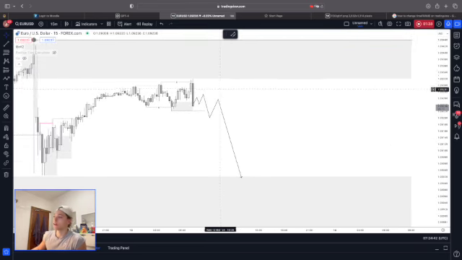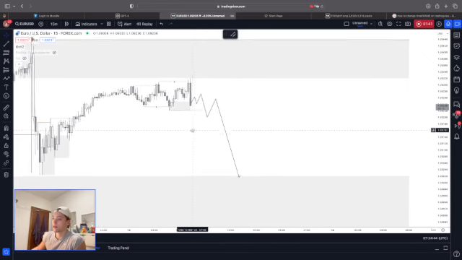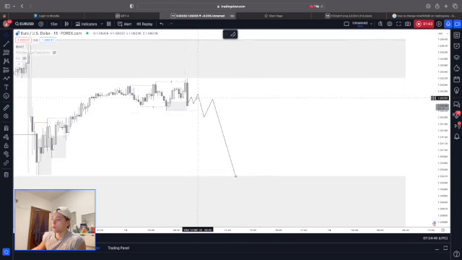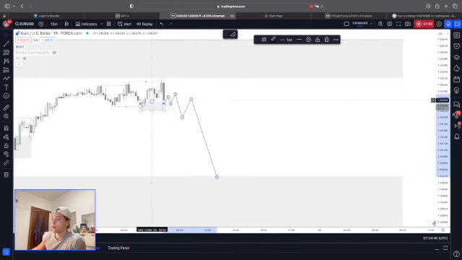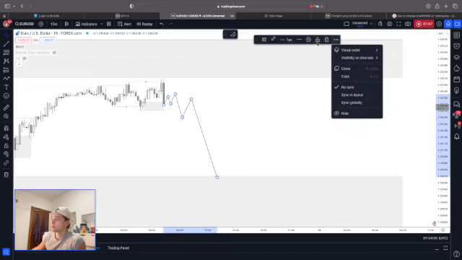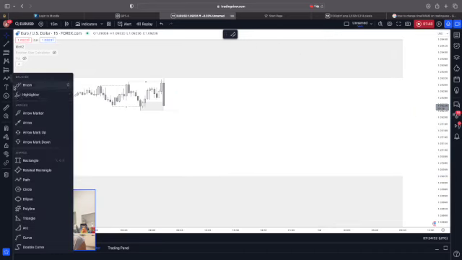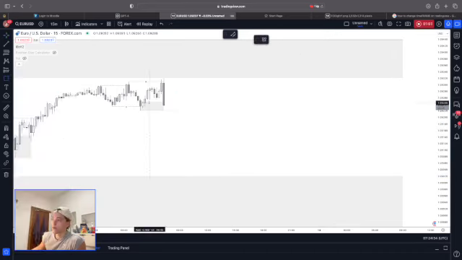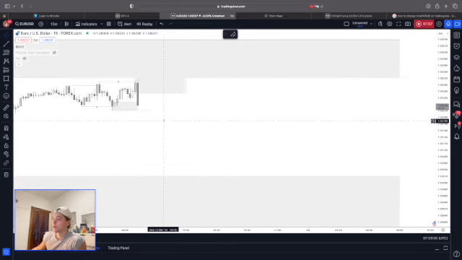But as you can see, we're just coming down with such strength. We probably won't get any reaction from this demand, but that's okay because we'll have a fresh supply zone here, which we can look to get short from. So this is what I'm looking at now.